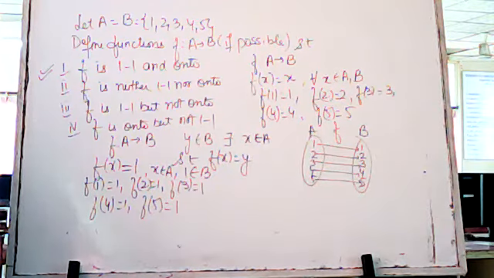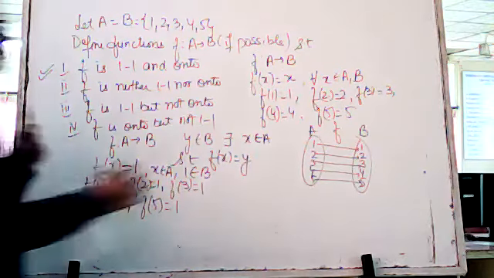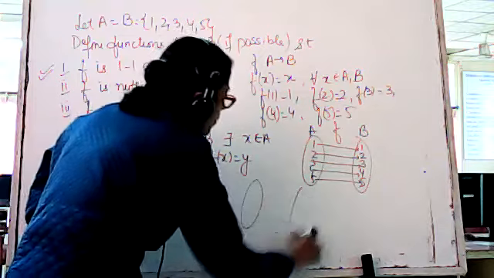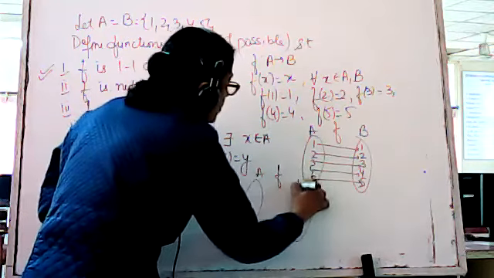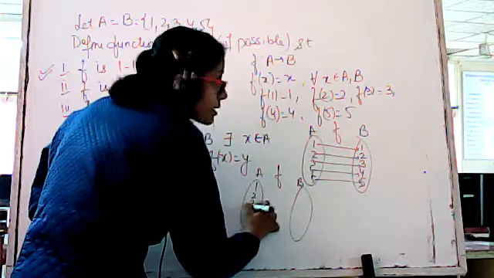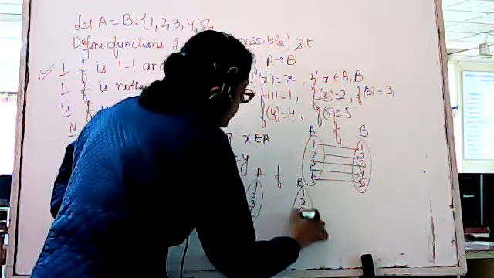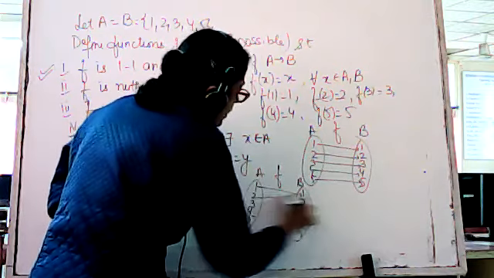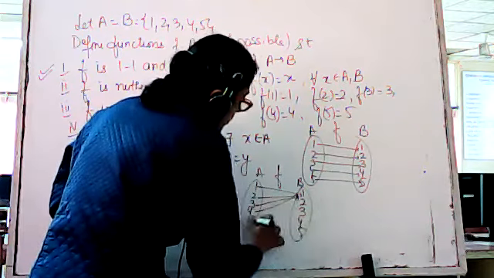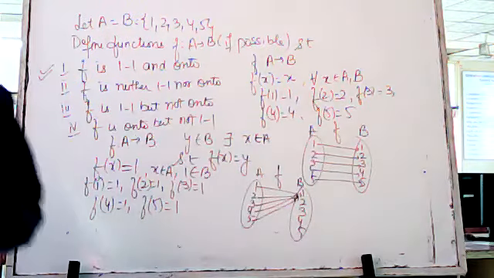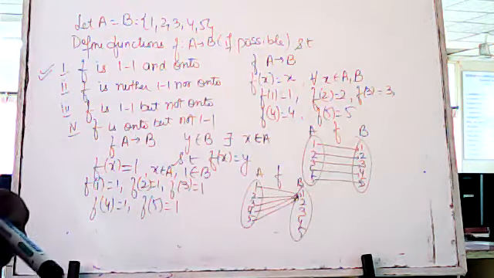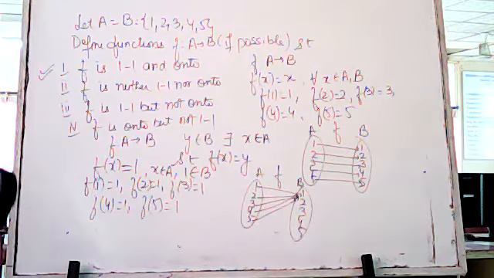That is, different elements of A have same images in B. मतलब हमारे पास हर एलिमेंट की इमेज यहाँ पे क्या है? 1. ठीक है.